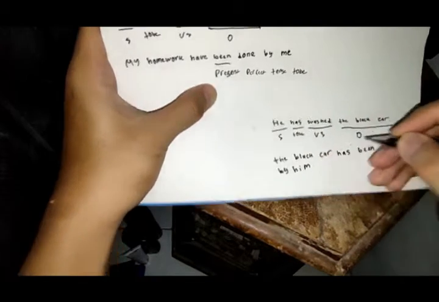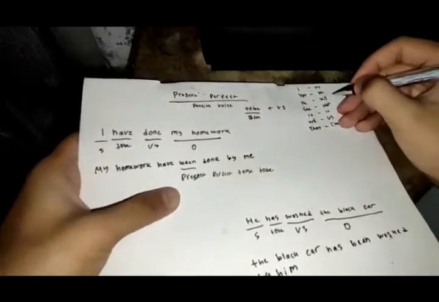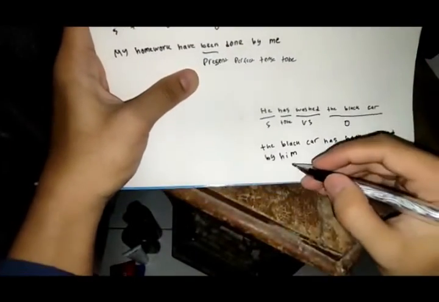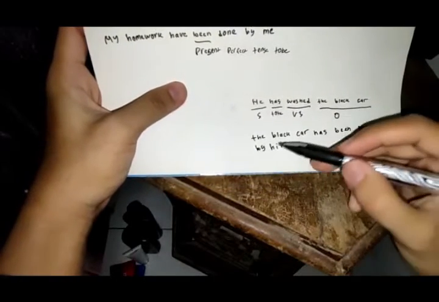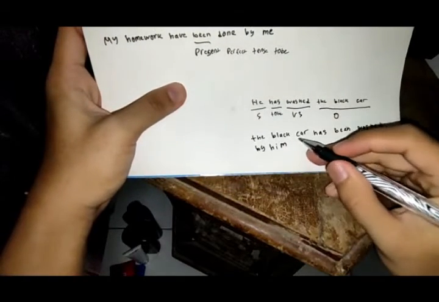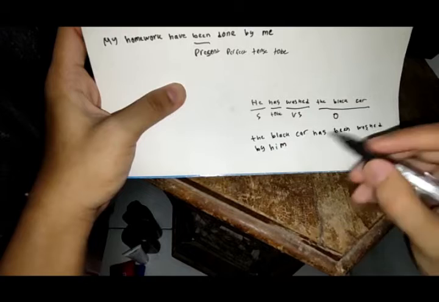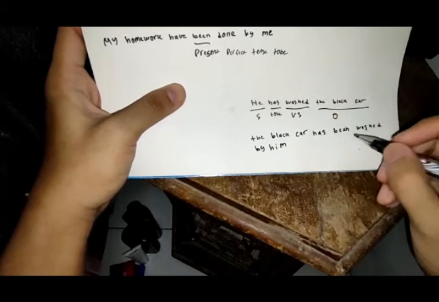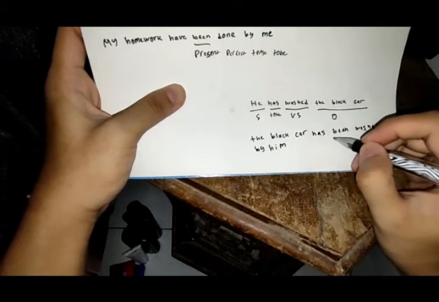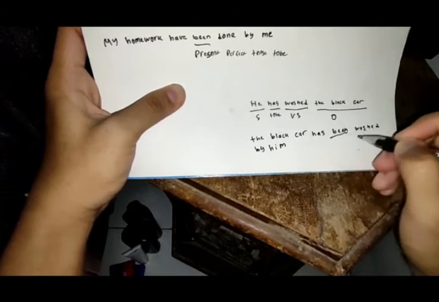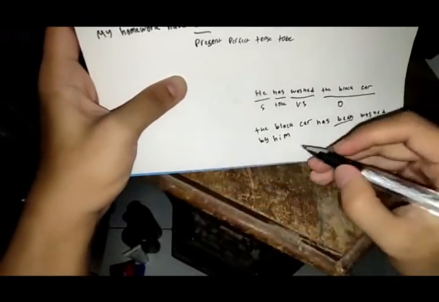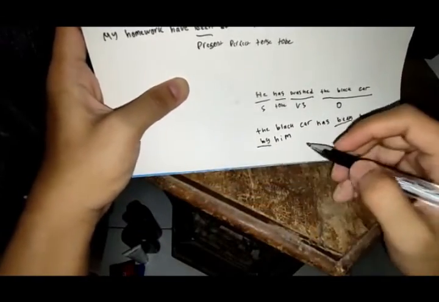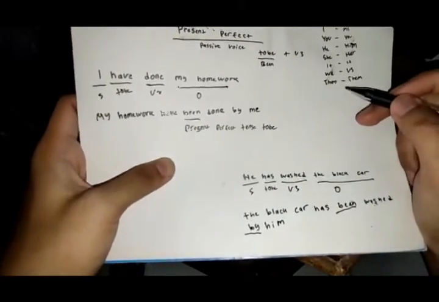Him, him, not his but him. The black car has been washed by him. Been in here is from the present perfect tense, and by in here is pronoun object.